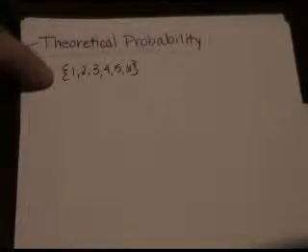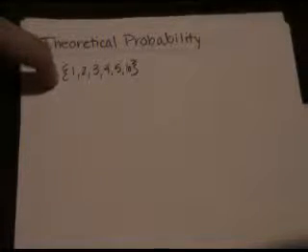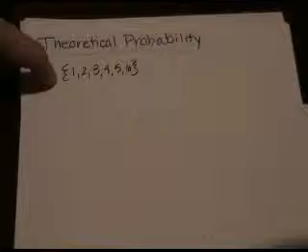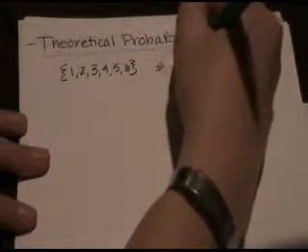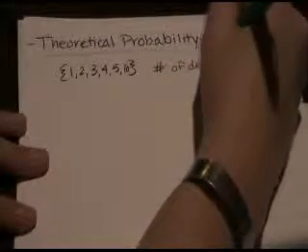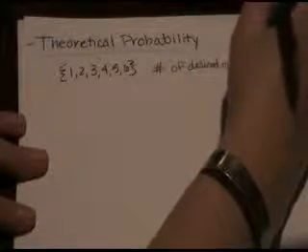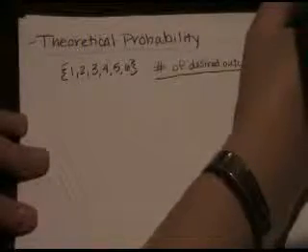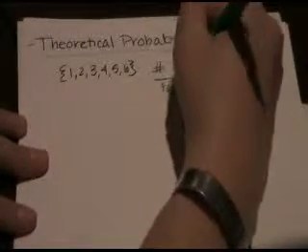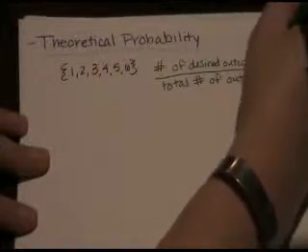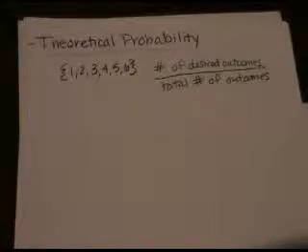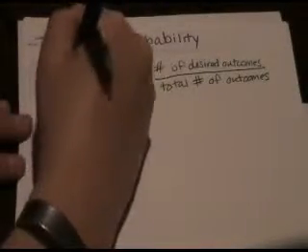Once you have your sample space, you can go ahead and use your ratio for theoretical probability. Your formula is the number of desired outcomes, so that's what you're looking for, over, giant fraction bar again, the total number of outcomes. Using our probability notation, what's the probability of rolling a 3?